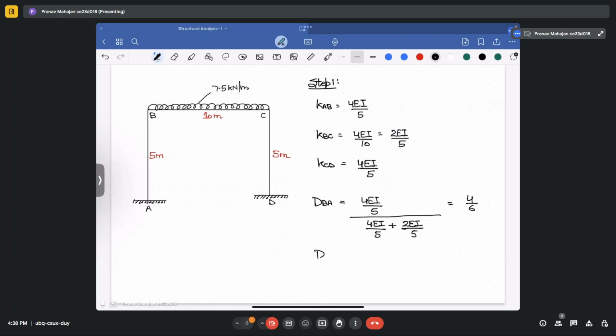Then for BC, it will be 2EI by 5 divided by 2EI by 5 plus 4EI by 5, and it will be equal to 2 by 6. Similarly, your DCB will come out to be 2 by 6, equal to 1 by 3.